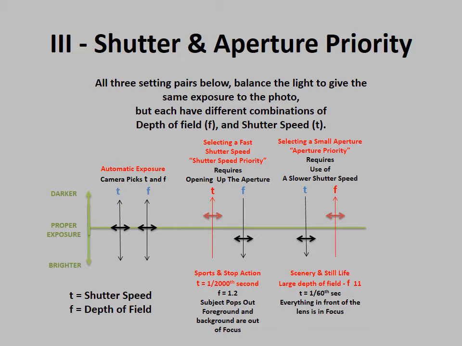And the reason for that is the shutter speed captures the action, the fast pass, but the lens has to be all the way open to let in enough light at that high shutter speed to make a good exposure. We'll discuss this further.